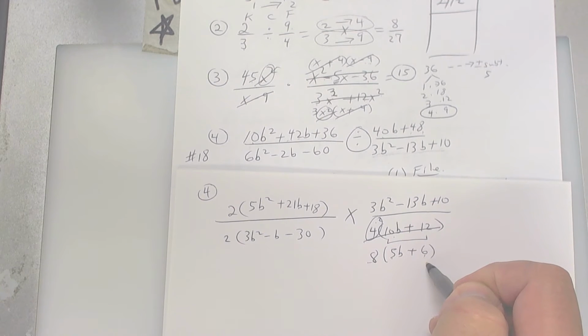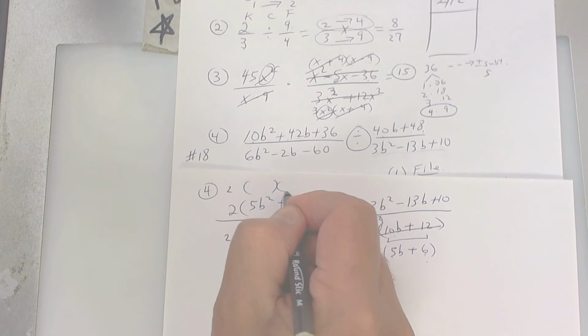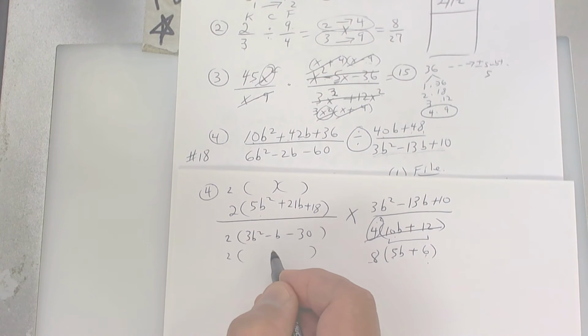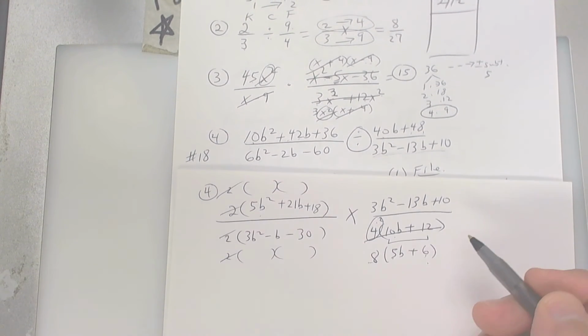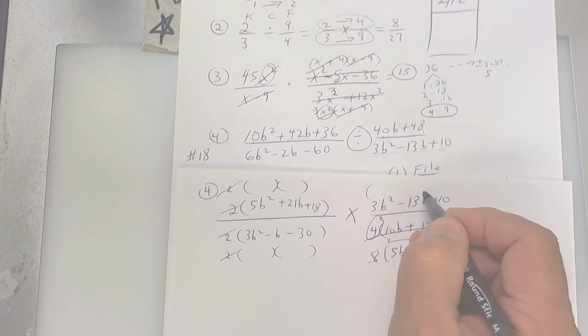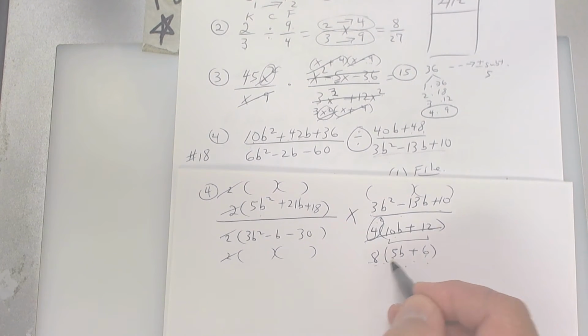All right, so now what we need to do is factor all of this. Okay, so what you're going to have up here is 2, and then you're going to have to factor this. Here you're going to have a 2, and you're going to have to factor this. We could actually just get rid of that 2. All right, anyhow, on this one you got to multiply and you got to factor. Okay, and then down here it's already factored.